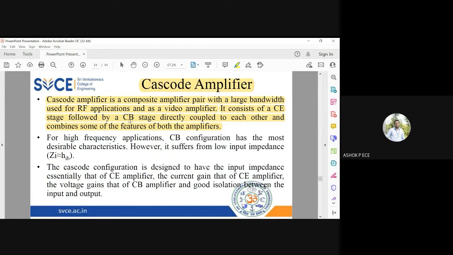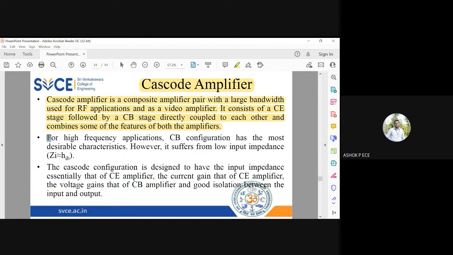The common emitter has very high voltage gain and very high current gain. Common base, if you see, the current gain is not poor, but the voltage gain is very good. So if I connect a common emitter amplifier followed by a common base amplifier, it is called a cascode amplifier, and that amplifier is going to enjoy the features of both CE and CB.